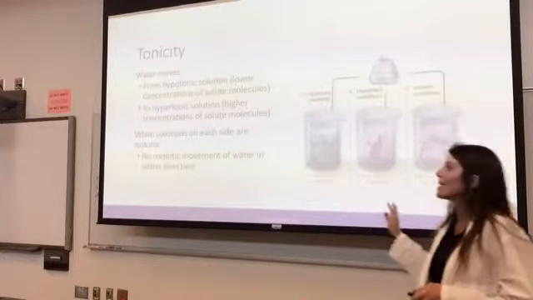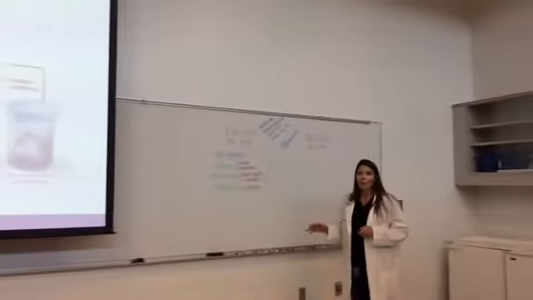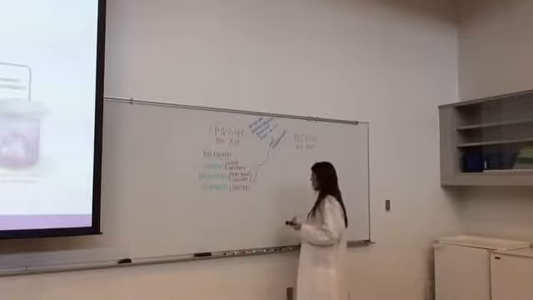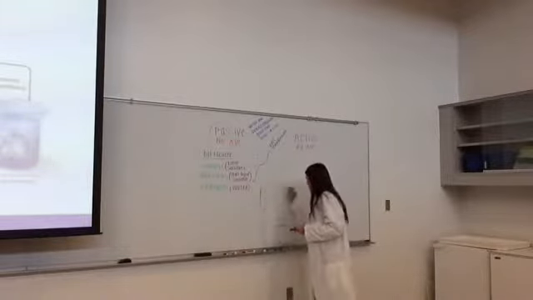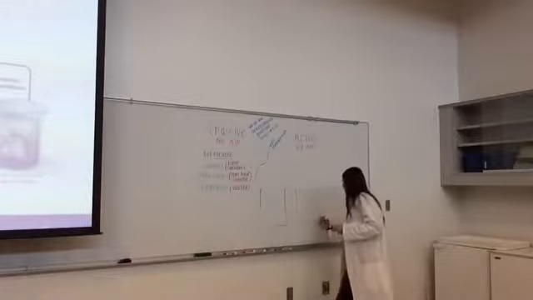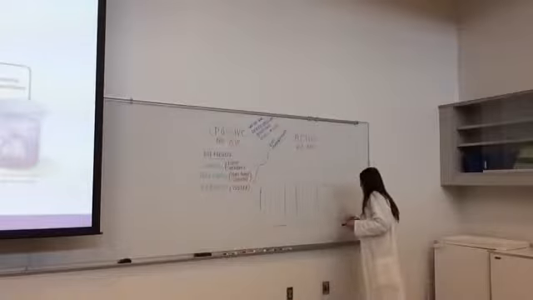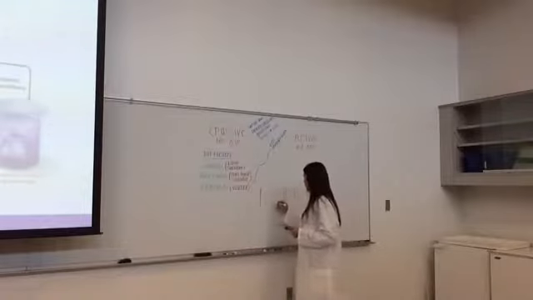Okay? So tonicity is the topic, and I'm going to sketch out some beakers for you. So beaker 1, beaker 2, and beaker 3. And within my beakers, I will have cells.